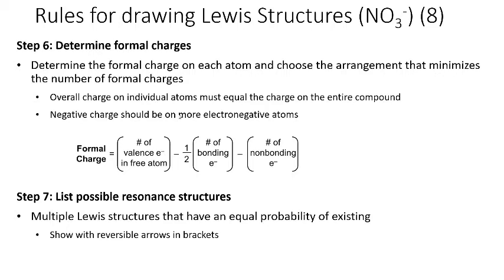Okay, so this definition for formal charge seems like it could be a bit cumbersome and difficult, but really I'll show you it's not. So we need to determine the formal charge for each individual atom. So for this oxygen first, we determine the number of valence electrons in the free atom.